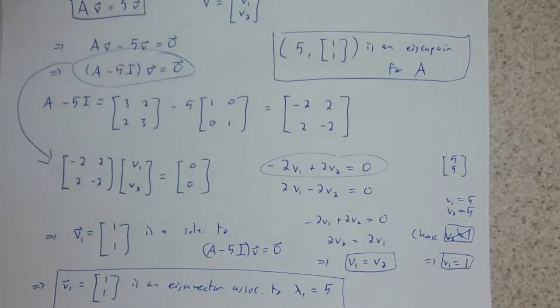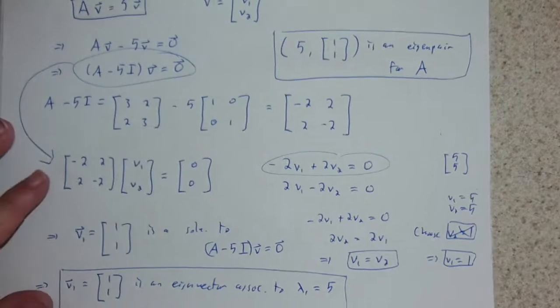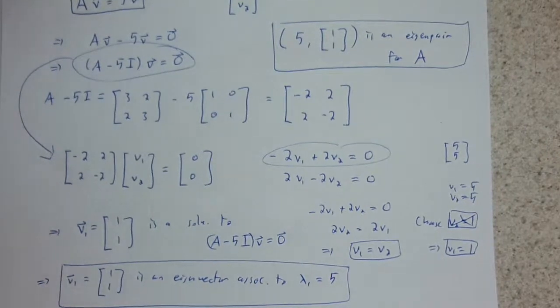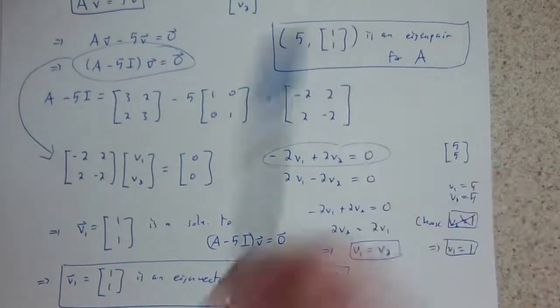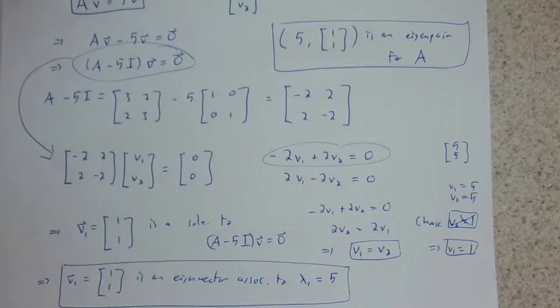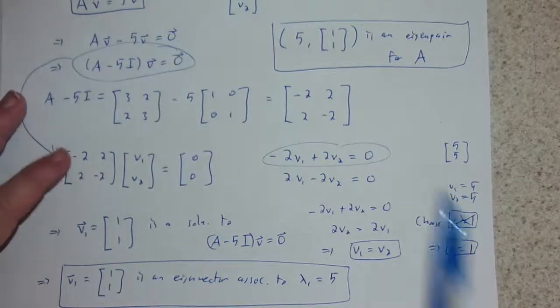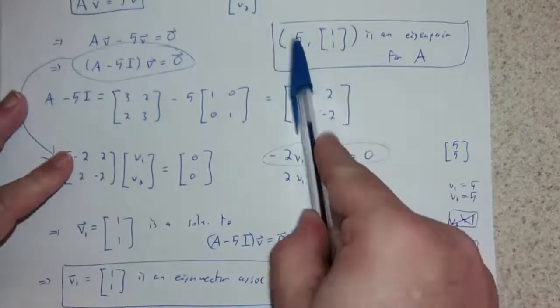But any other scalar you want, scale by that, you get an eigenvector for that same eigenvalue. So scaling by a constant doesn't change that. So 5, 5 is also an eigenvector for this. That's perfectly fine. 1, 1 we like better, the numbers are smaller, nicer, but there's nothing wrong with having written 5, 5 here. It's a perfectly valid statement. So this is an eigenpair for eigenvalue 5.